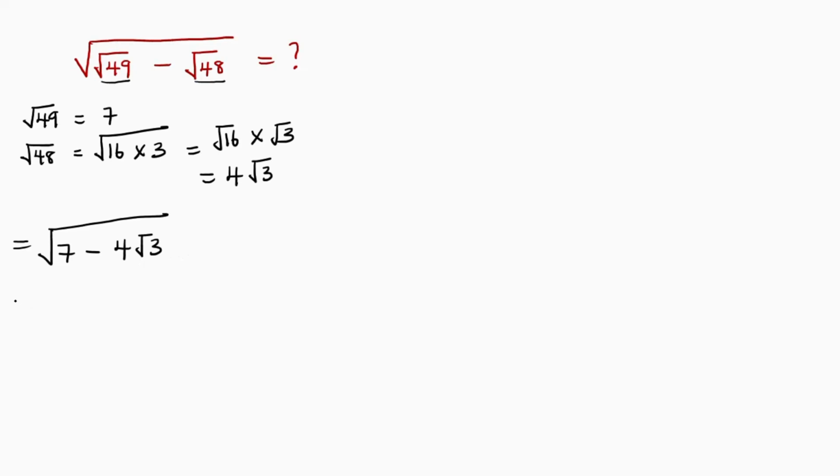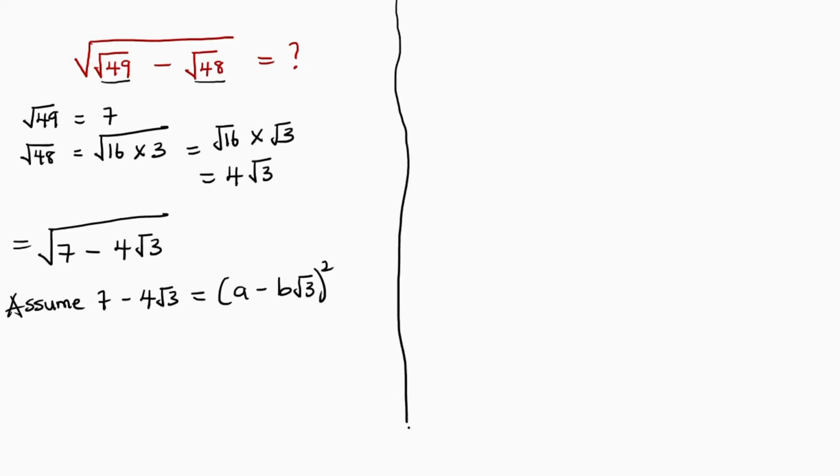So the next thing we want to do is assume that 7 minus 4 root 3 is equal to a minus b root 3 all squared. So we want to simply assume, and we are going to use this method to solve this question. Okay, so the next thing we want to do right here is to simply expand the left and the right hand side. So we want to expand the right hand side, and we have this to be a minus b root 3 all squared.